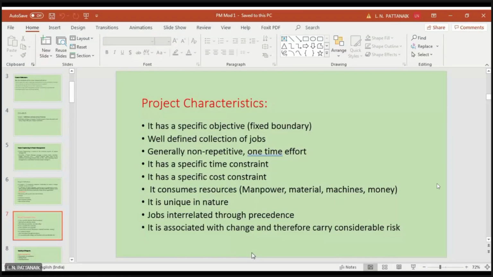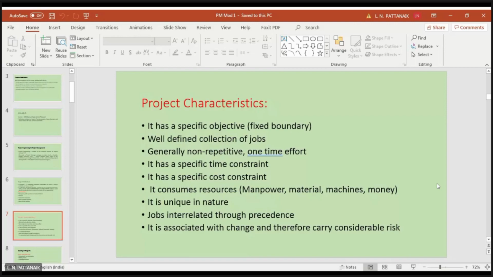If you explore a bit, you'll find there are so many pathetic situations for various projects because of this unforeseen risk or uncertainty. So it is always associated with each and every project that something will happen which you have not planned for. A project is subject to considerable risks. This is another characteristic of a project. I hope you have got some idea about the characteristics a typical project has.